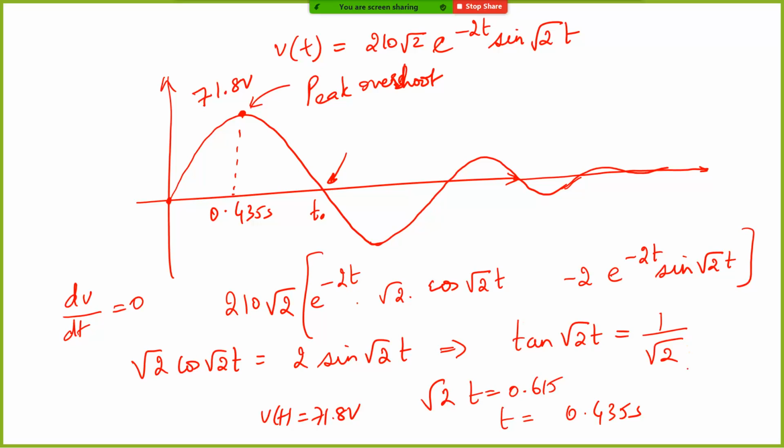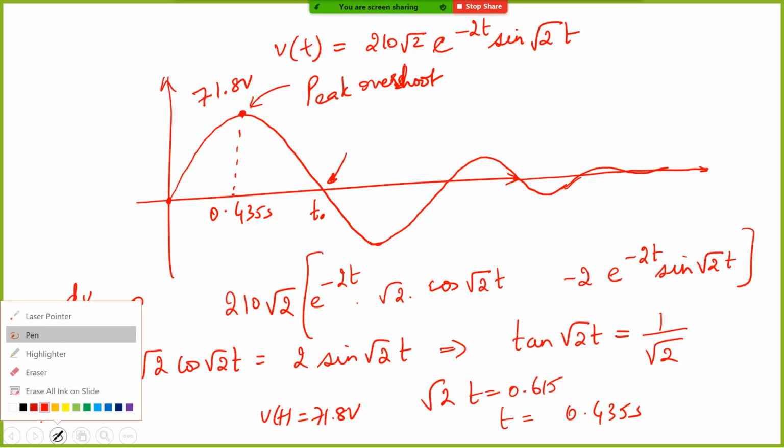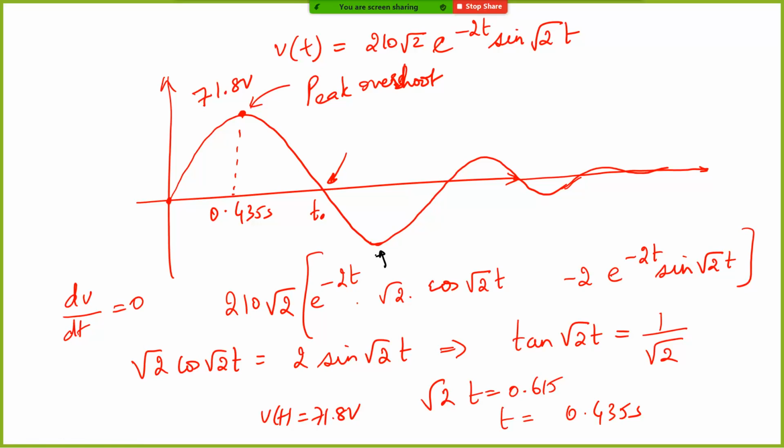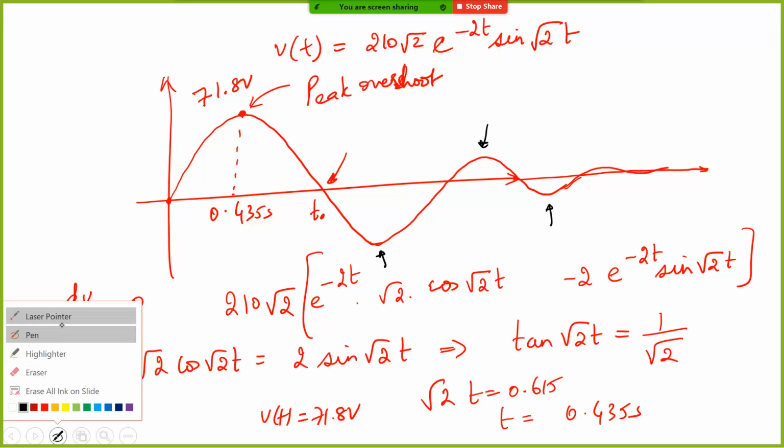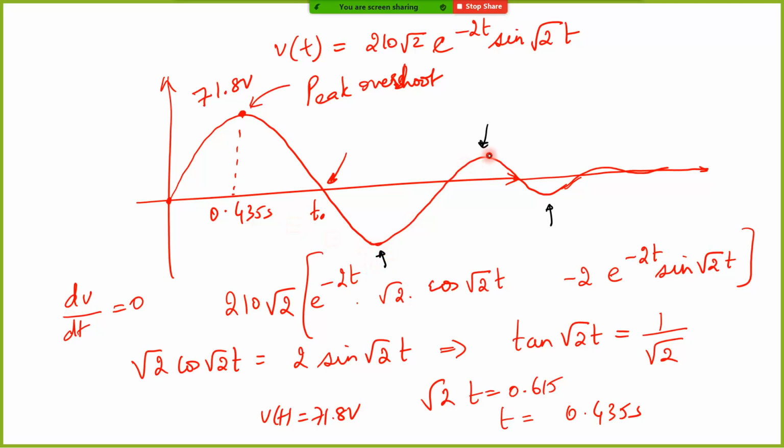Whenever you have this kind of response, you can also find the other maxima. I'm going back to this old problem. You can also find the values of time at this point, and so on. At all these points, the derivative is 0, not only here, but here, and here, and so on.